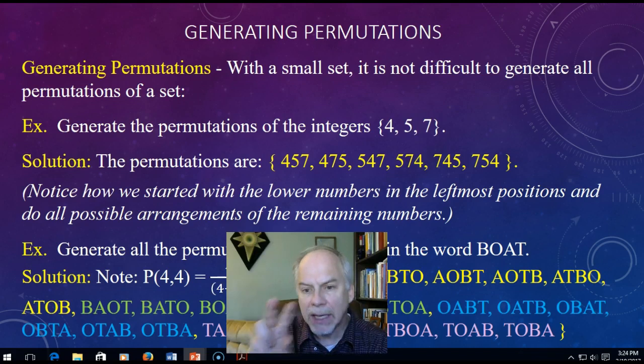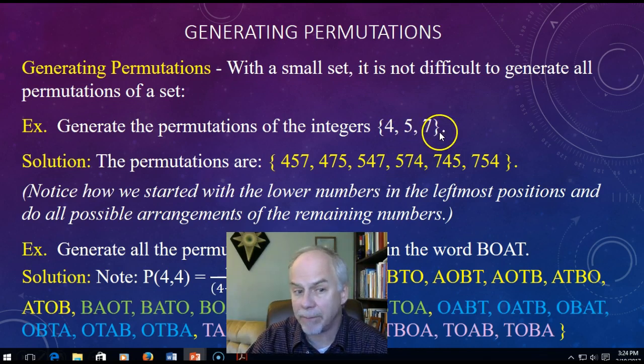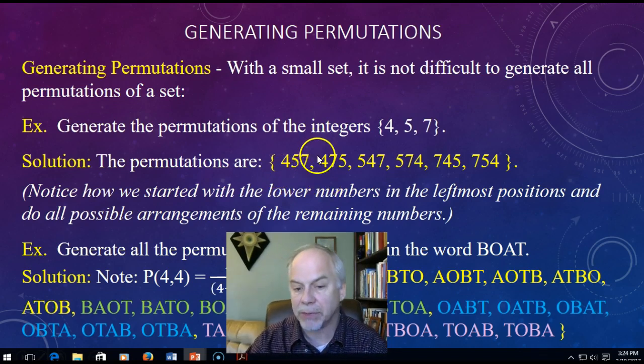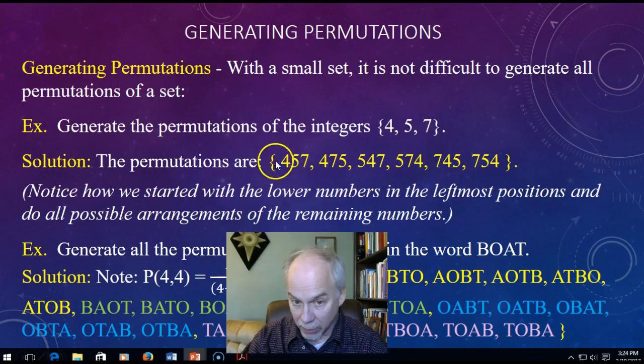If you have three, it's not just three arrangements. Let's look at this example. Generate the permutations of the integers 4, 5, and 7. Now, we're going to try to start with the lower numbers and put them in the leftmost positions, and then do all the possible arrangements of the remaining letters. So we start with the lowest number, which is 4, and then we put the next lowest, which is 5, and then the next lowest, which is 7.